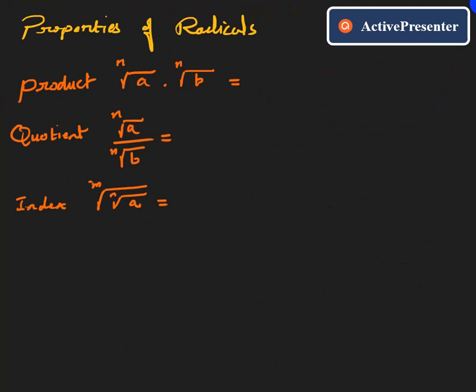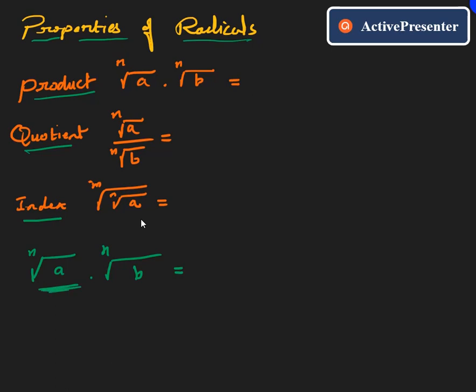Let's now discuss the properties of radicals: the product, the quotient, and the index. We start with the product. If we say the nth root of a multiplied by the nth root of b, what does this equal? Let's see how we can find that.